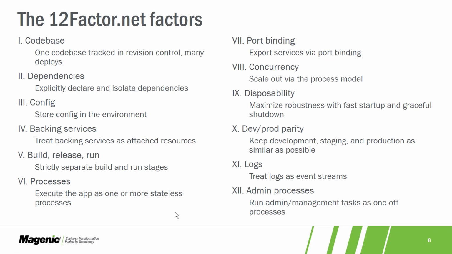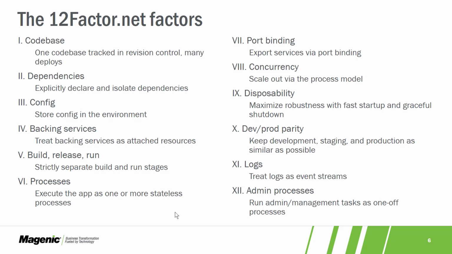Build, release, run is this idea of a mature DevOps pipeline where code is built and that build is turned into a release where different builds come together as deployable units, and a release represents the build of each of the deployable units that is compatible with each other. And then those things are deployed atomically as a unit of work to an environment where they run.